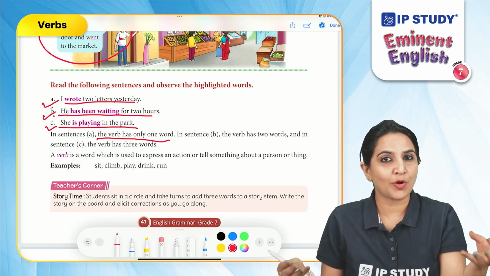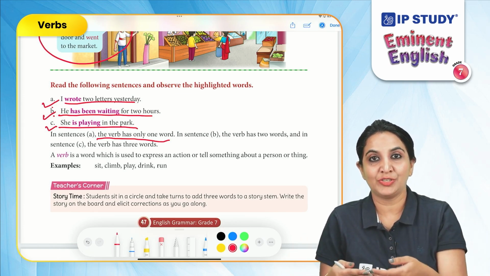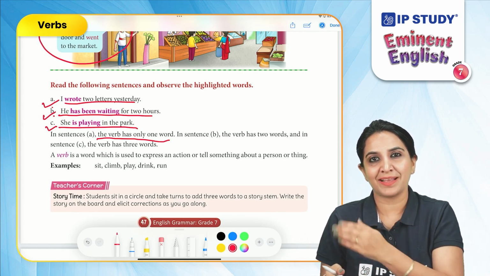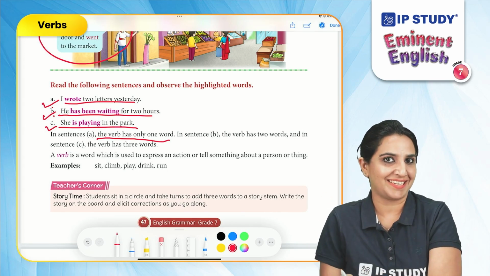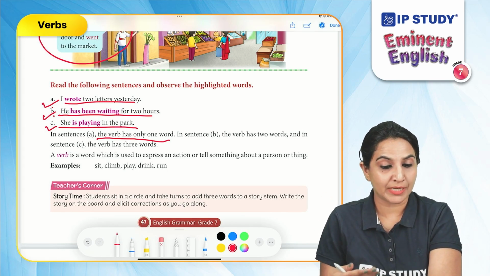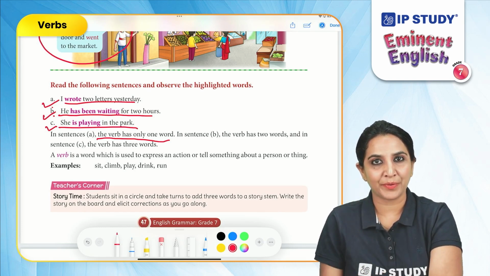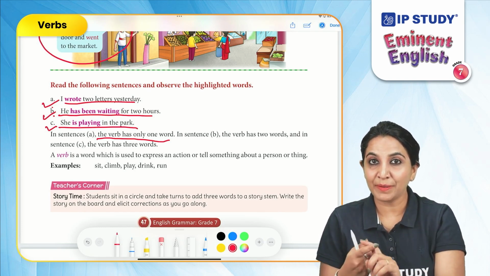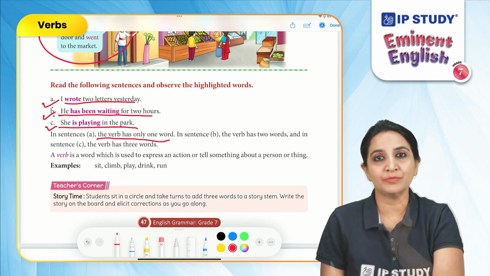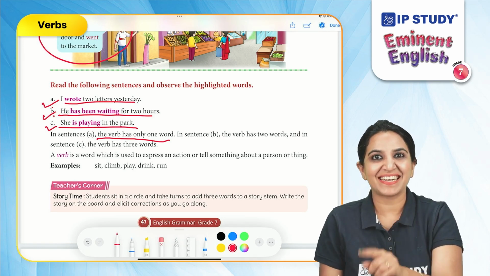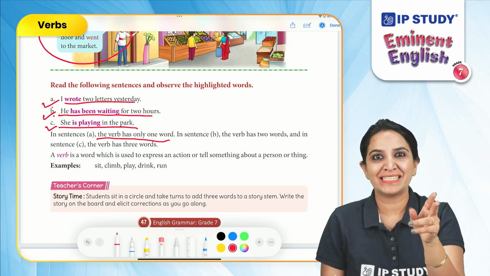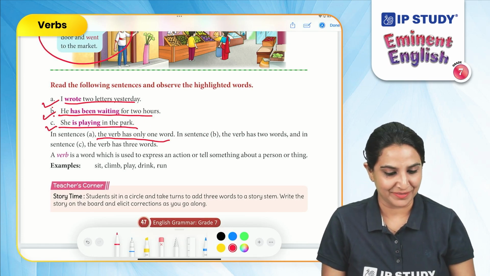Few verbs are also connecting the action with the subject to make the complete flow in the sentence. For example, she is playing in the park. So she is the subject, in the park is the predicate, is is the helping verb, and playing is the verb. We're going to discuss the roles of all the verbs in detail as we go further.